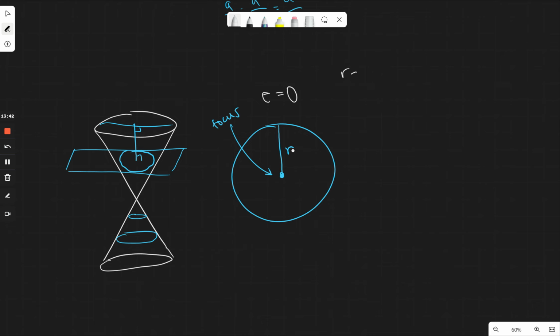Let's say the radius was 5. How could 5 over the distance to the directrix be 0? Well, if this doesn't make sense, just ignore it. But the only way that's possible is if the directrix is a line at infinity. So the directrix is just a line that's infinitely away.